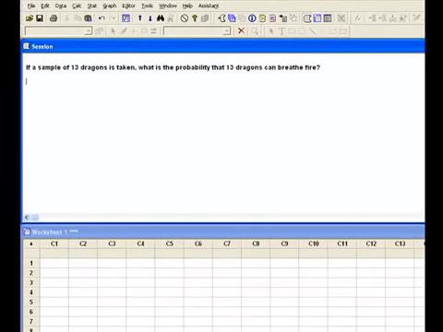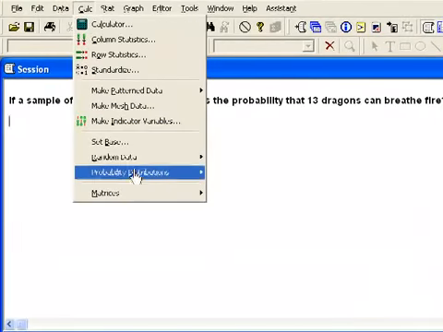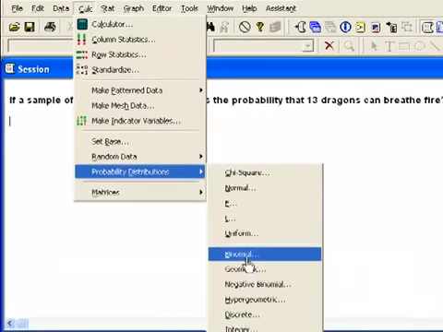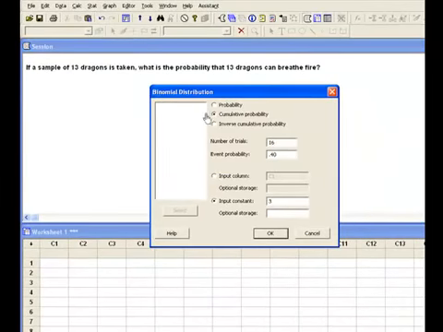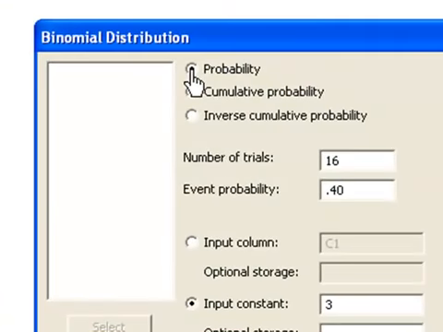All right, now we're dealing with our sample of 13 dragons, and I want the probability that all 13 of them can breathe fire. Based on that, in the binomial function in Minitab, I no longer want a cumulative probability, I want an exact probability. When you're going to solve for the probability that x equals a single figure, use this probability radio button here. In this case, I now have 13 trials.